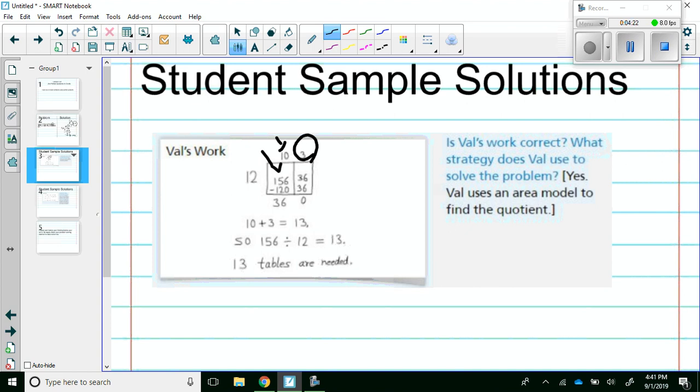So then she takes the 10 and the 3, adds them together to get 13 tables, letting her know that 156 divided by 12 is 13. She agreed that 13 tables were needed. This is a different way to break the number up using partial quotients.